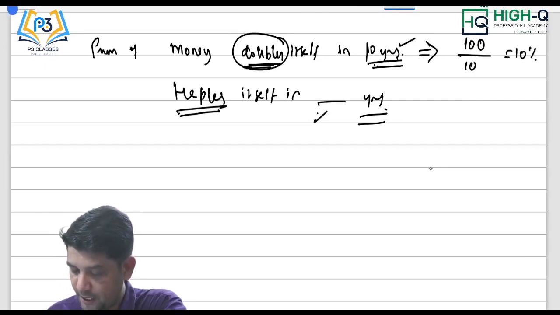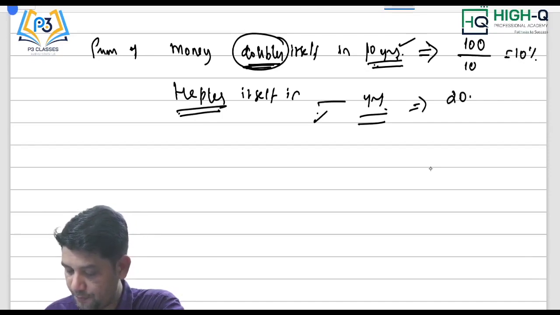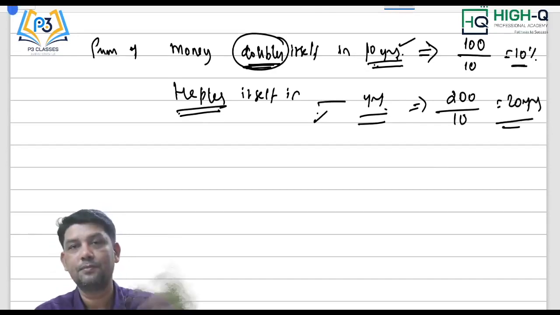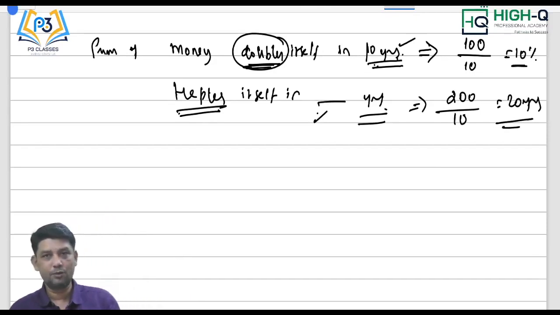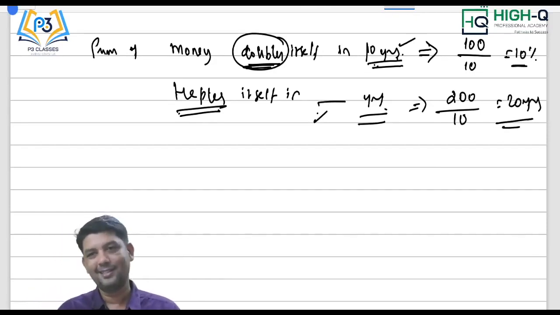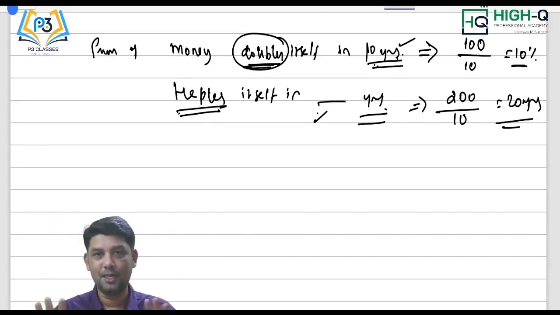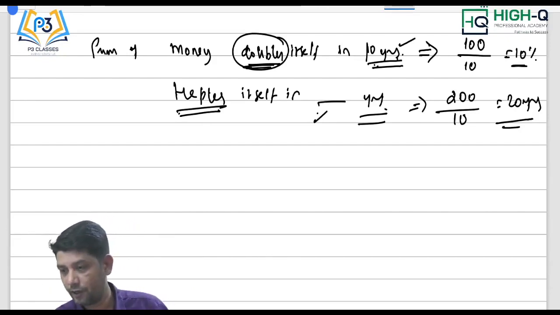Triples means 200 divided by the rate of interest, which is 10%. You divide and you will get the number of years. Answer is over. I think this is what you are also doing. Sir, we know this method. Yes, of course, my dear. You know this method, I'm just telling you. But if you approach in this way, this is the right way of approach.